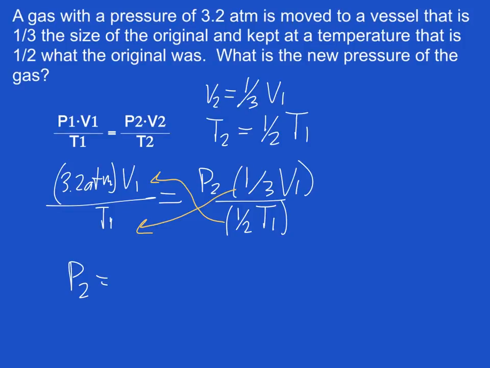We're going to have 3.2 atmospheres, which is the P1, times V1 on the top, but notice that now 1/3 V1 is on the bottom, and that is multiplied by, in this case, the 1/2 T1 comes to the top, and the T1 stays on the bottom.